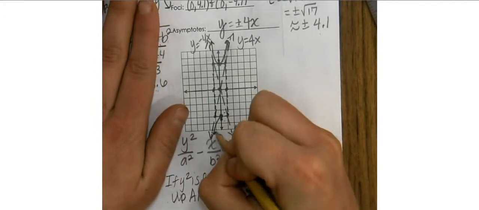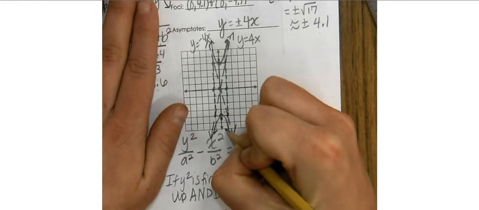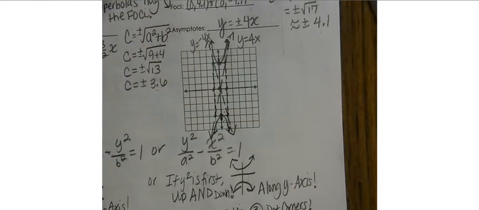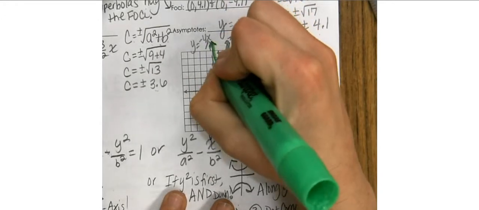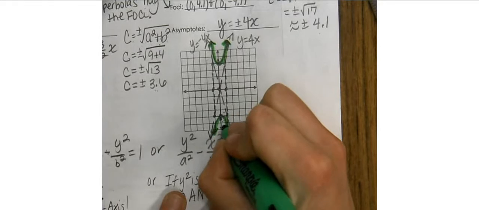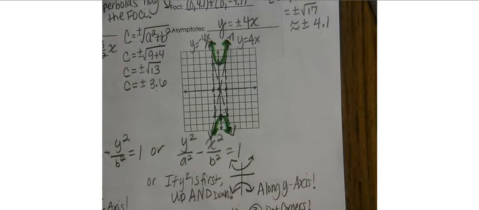Here's another hyperbola following the axes, making sure that my focus is being hugged. I'm going to use a color just to identify the part that was actually my hyperbola. And there's my answer.